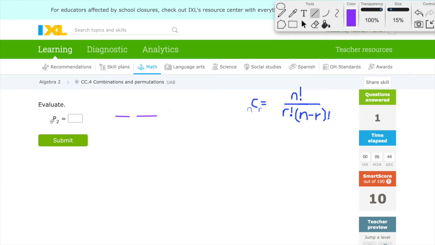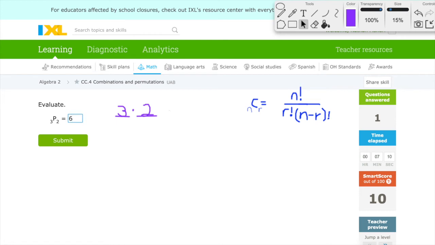So if I have 3 things to pick from and they're going to go in 2 spaces, in the first space I can put 3 things. If I already put something in this space, there's only 2 left to go in the next one, and those would multiply together like before, and I would get 6.